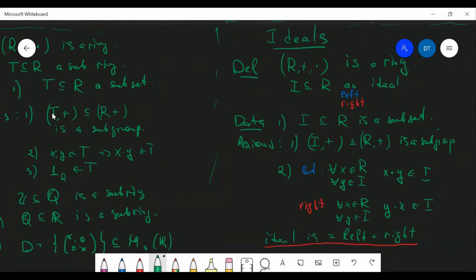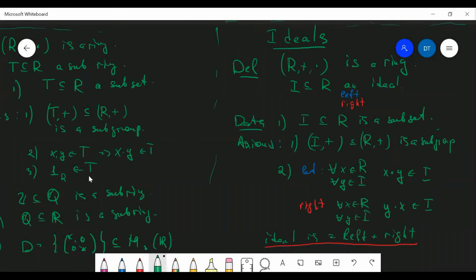You just want the subset T to be closed under multiplication. When you take elements inside the subset T, the product must stay in T. But here you want to have more. If you take one element from I and one element from R, you want the product to be in I. So this one is stronger than this one.